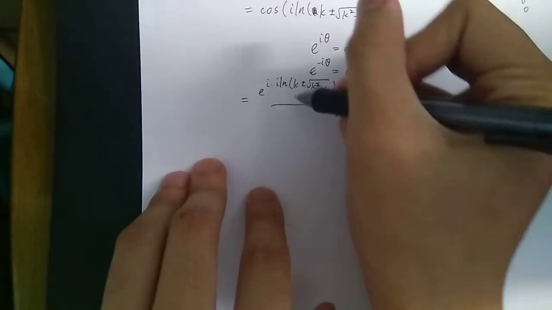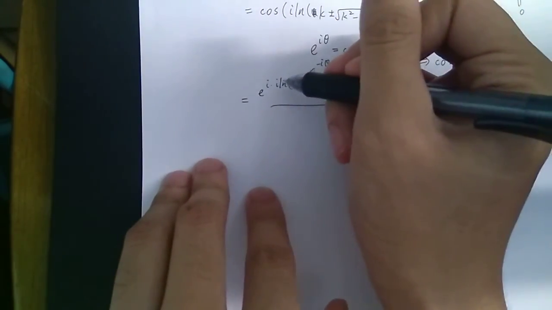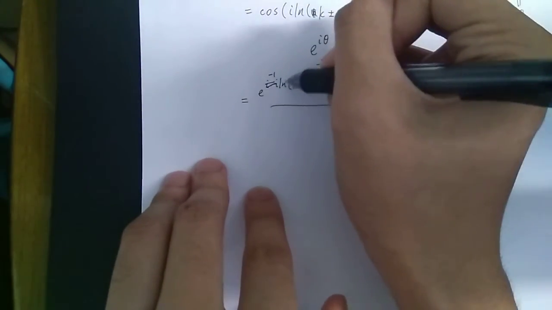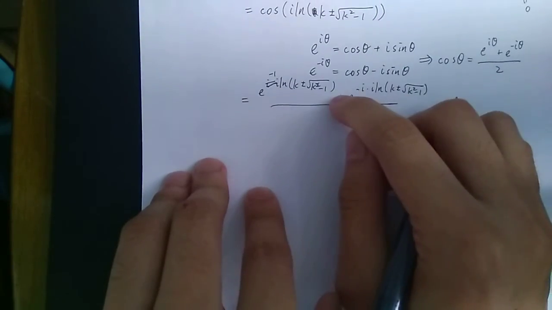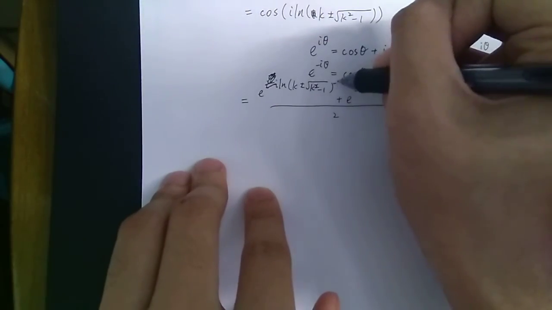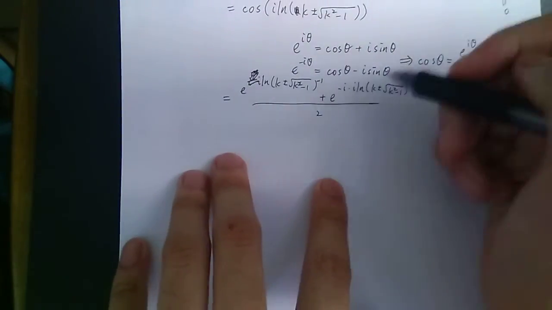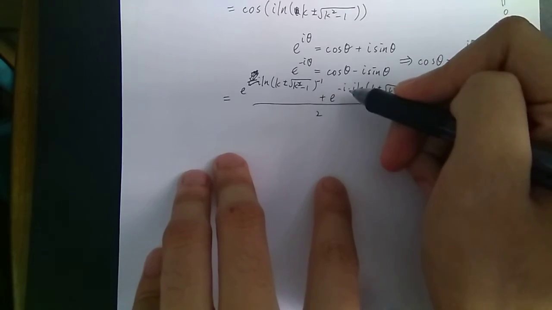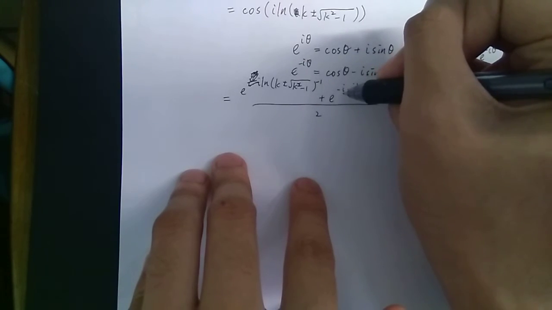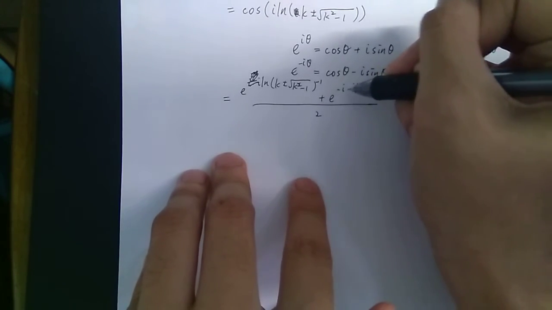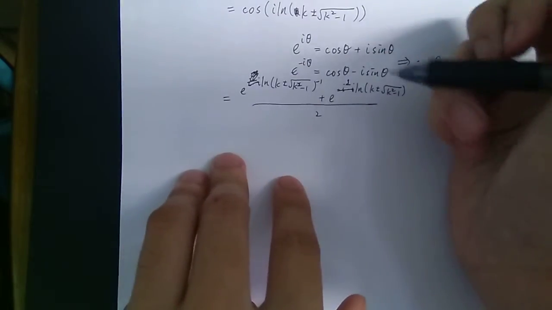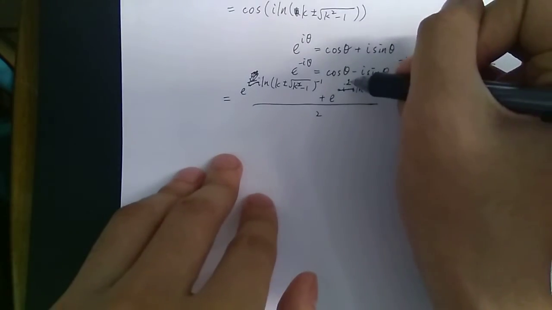Okay, and then i times i is negative 1. We can move the negative 1 to the back of the natural log, so this thing will be moved to here. And then for the second term, i times i still equals negative 1, but here's the negative sign. Negative times negative will be positive, so it will be plus 1, so that we can ignore this.